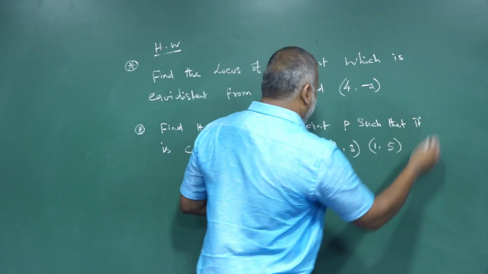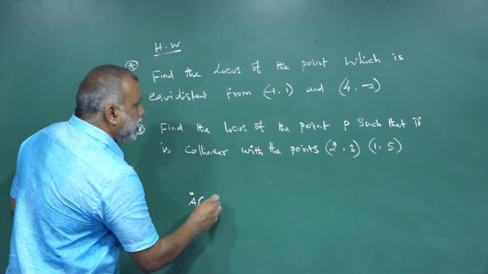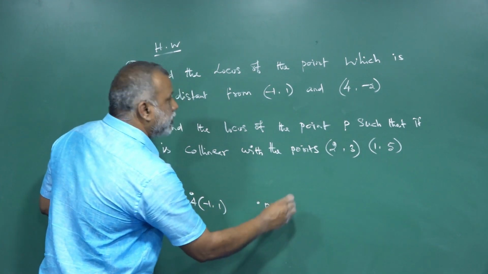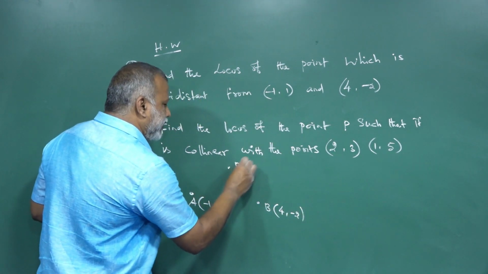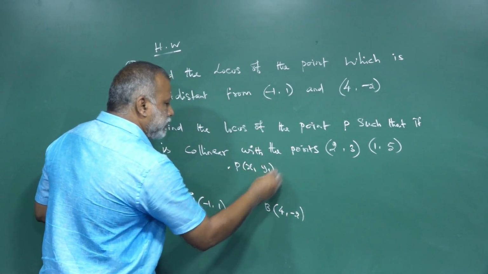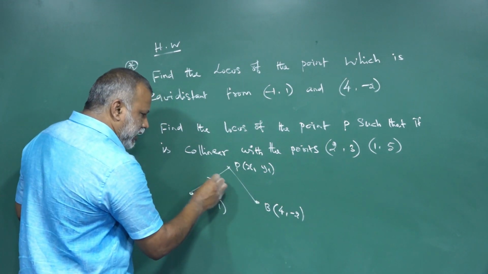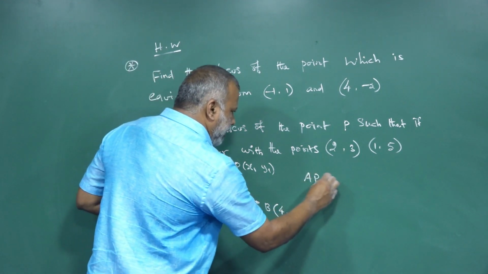Just draw a rough diagram for the first one. Say A is minus 1 comma 1. Another point B is 4 comma minus 2. Then select a point P of x1 comma y1. This is just a rough diagram. Equidistance means, by the condition, AP equal to BP.